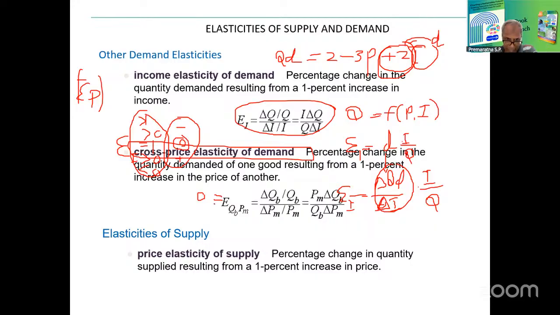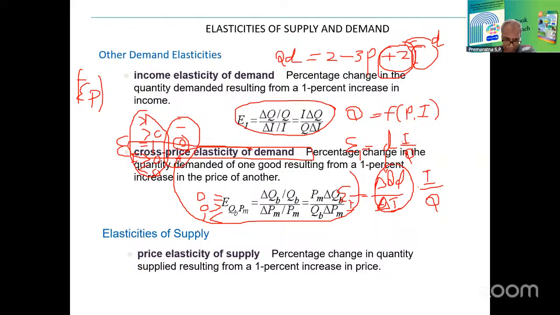The cross price elasticity can be negative, which means the two goods are complements. And if the cross price elasticity is positive, the two goods are substitutes. So that is the other concept we have to learn.